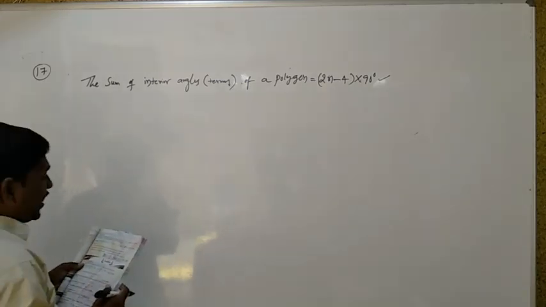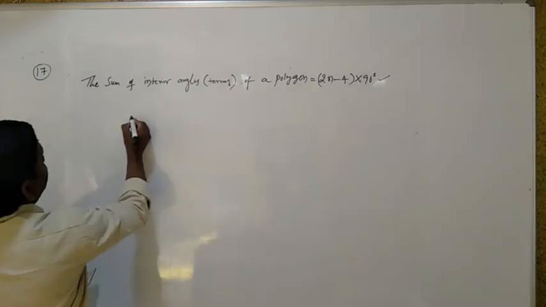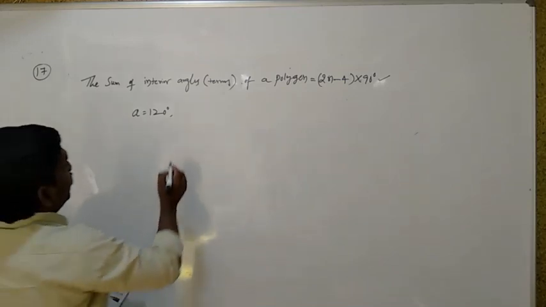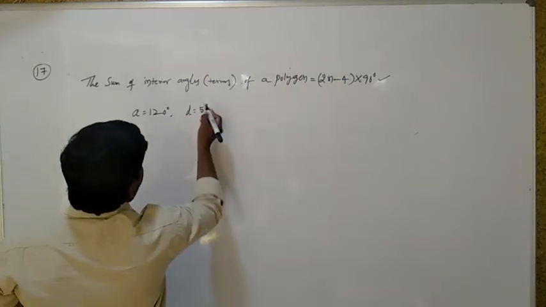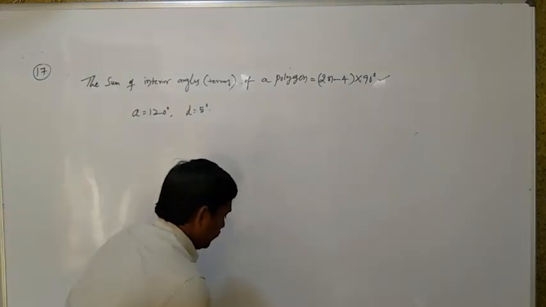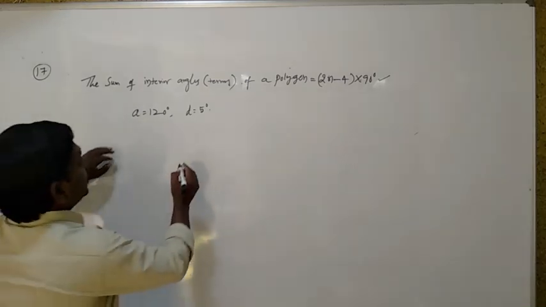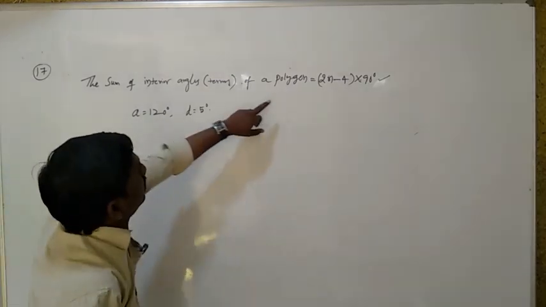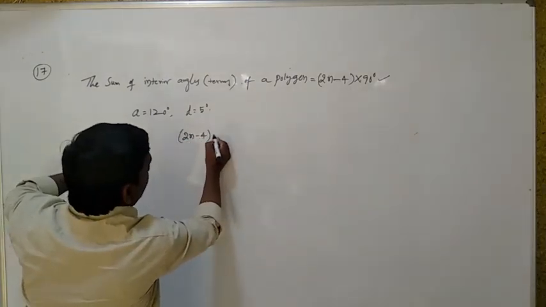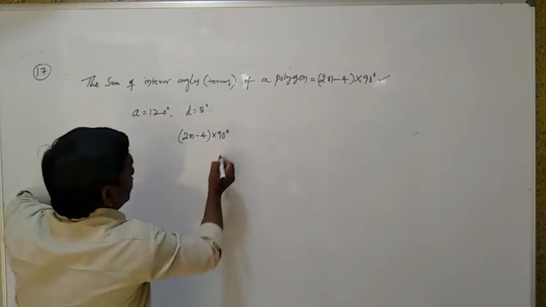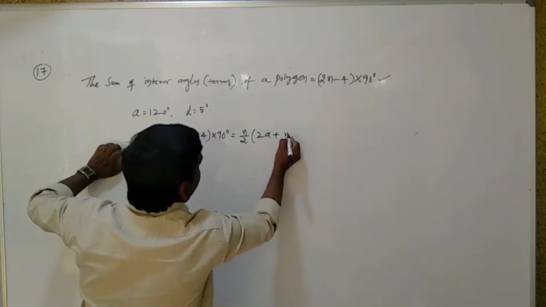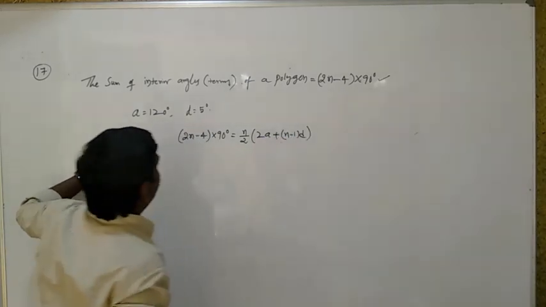Here, the smallest interior angle of a polygon is 120 degrees. This is taken as A equal to 120 degrees, and the common difference D equal to 5 degrees. (2n minus 4) into 90 degrees equal to n by 2 into (2a plus (n minus 1) into d).